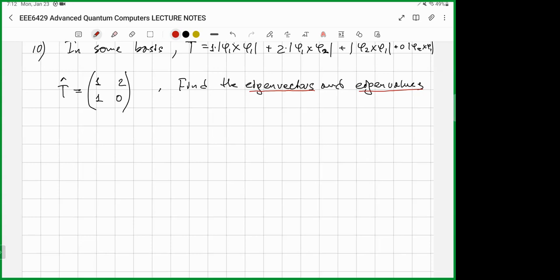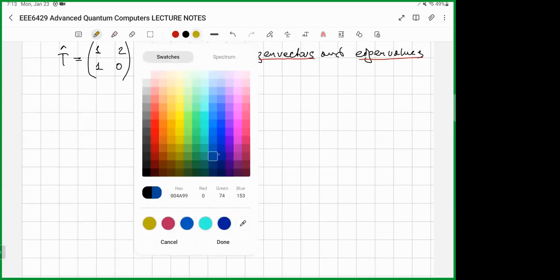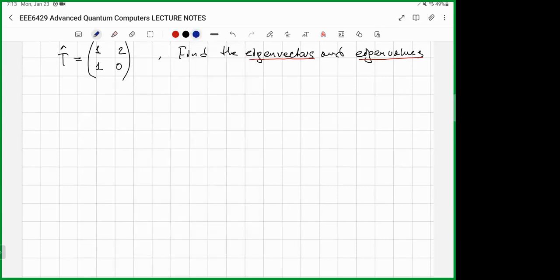The typical procedure is as follows, and we start from finding the eigenvalues. We discussed this briefly last time probably. Let's recall how we do so. Let me change my color.